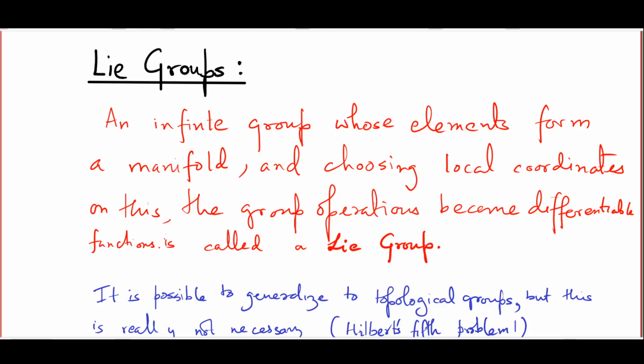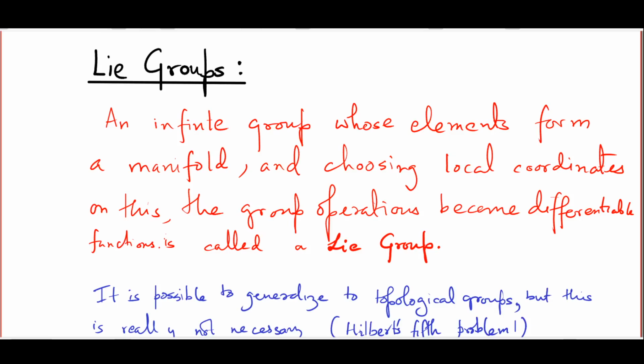Now this may sound a bit technical, but as you will soon see, we will not really have to deal with the full glory of this difficult technical definition, at least not in this course. But while we are being technical, let me just point out that it is possible to generalize this result so that instead of talking about Lie groups, we can talk about topological groups. That is, instead of demanding that we have a differentiable manifold structure formed by the elements of the group, all we really have is a topological manifold.